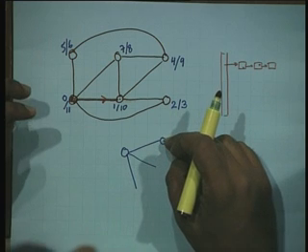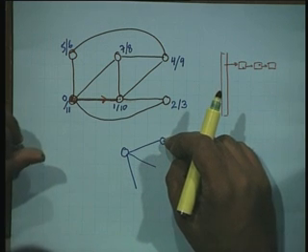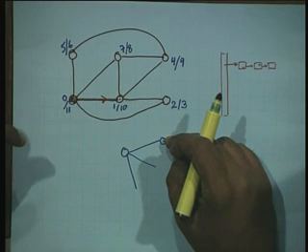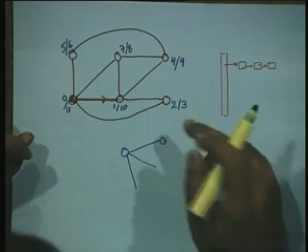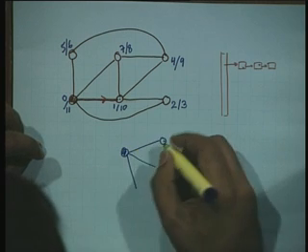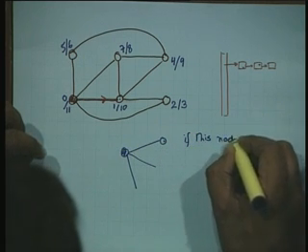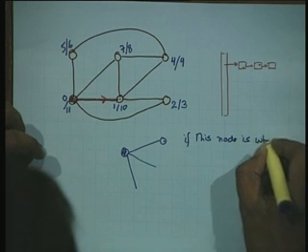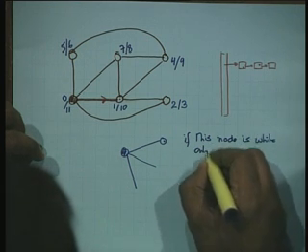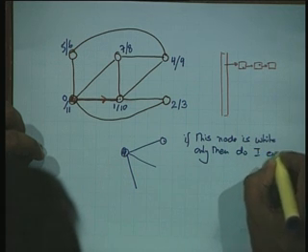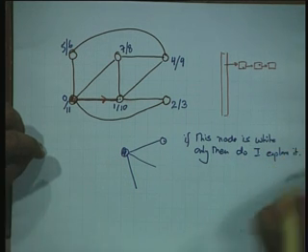Only if this node is white will I go to this node. If it is black or grey, then I will not go to this node at all. So, I am at this node, this is what I am saying. If this node is white, only then do I explore it, so to say.